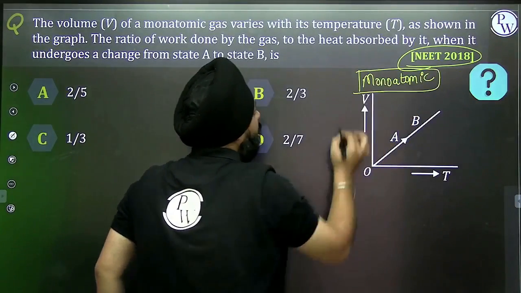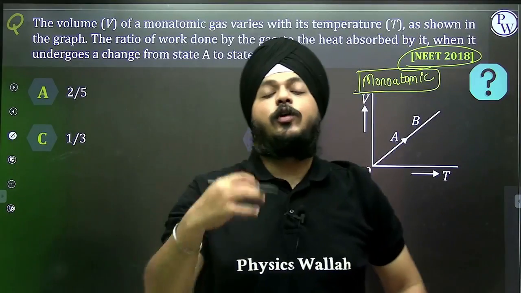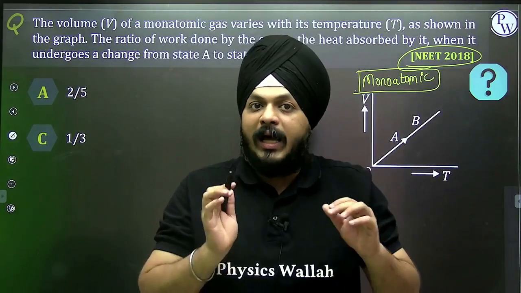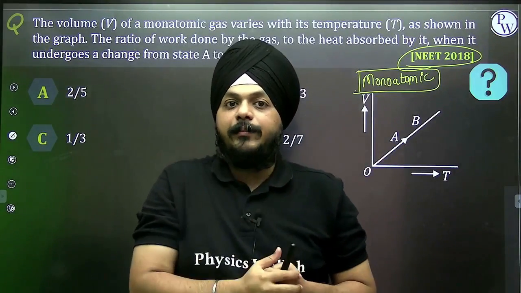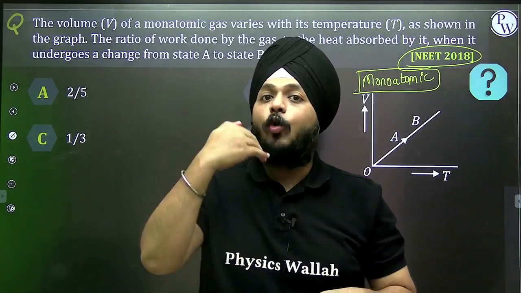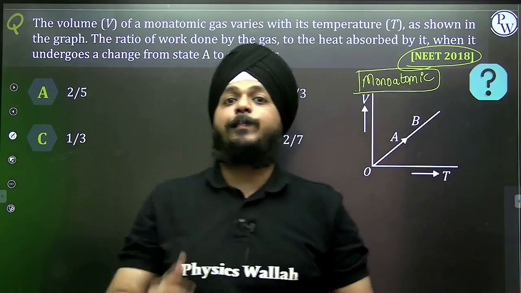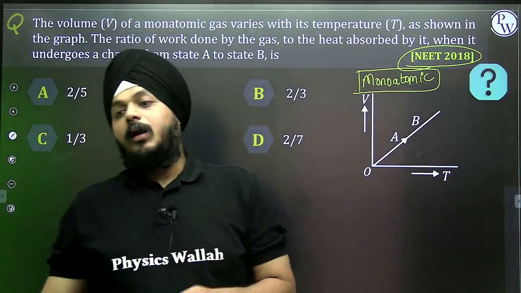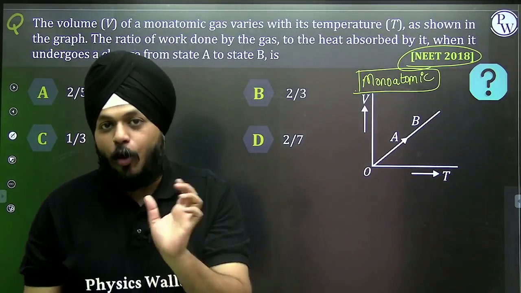Now here comes the concept of degrees of freedom. Degrees of freedom you all are aware of. Degrees of freedom means in how many ways a molecule can perform orientation and can get displaced. This word displacement is important.